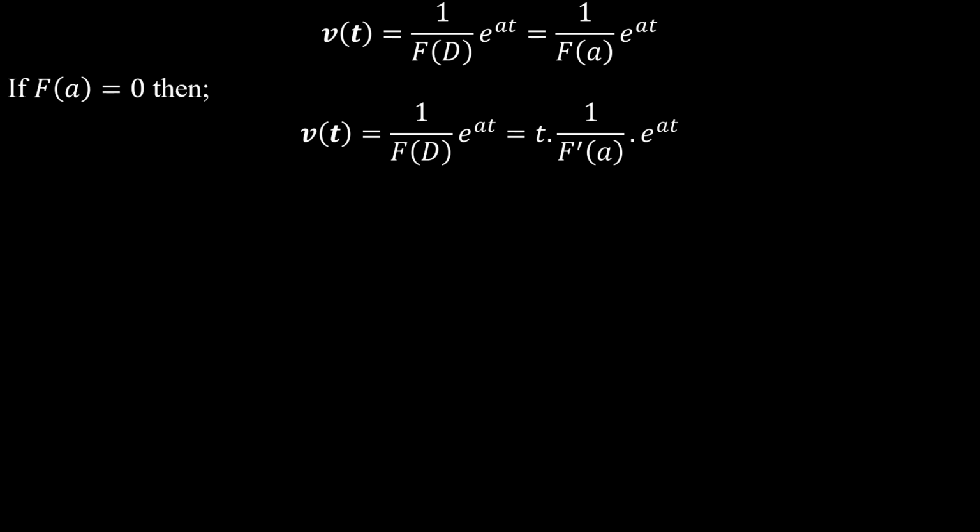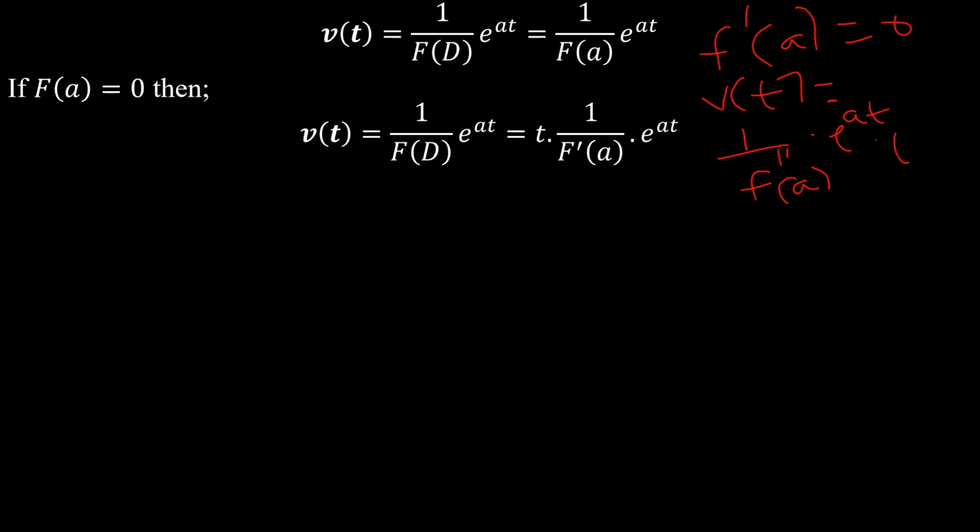Similarly, if f prime of a is equal to 0, then the particular integral v of t should now become 1 over f double prime of a times e to the power of at times t square. So that's what it's going to be. If f double prime is 0, we continue again. So let's move on to this particular expression.